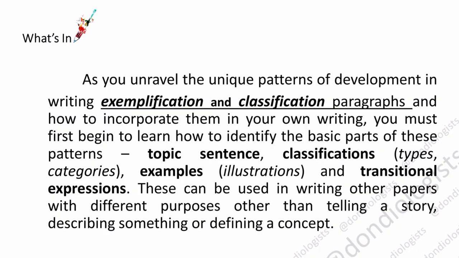As you unravel the unique patterns of development in writing, exemplification and classification paragraphs, and how to incorporate them in your writing, you must first begin to learn how to identify the basic parts of these patterns: the topic sentence, classifications or the types and categories, examples or the illustrations, and the transitional expressions.